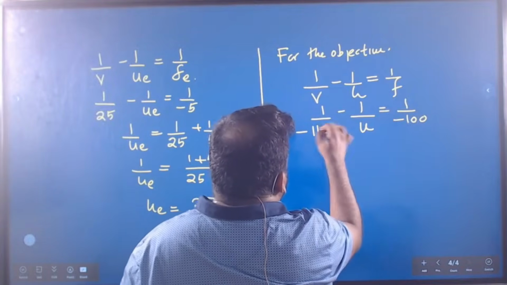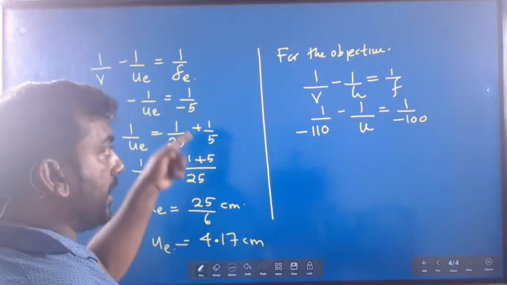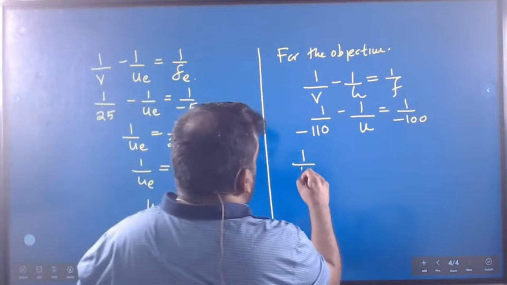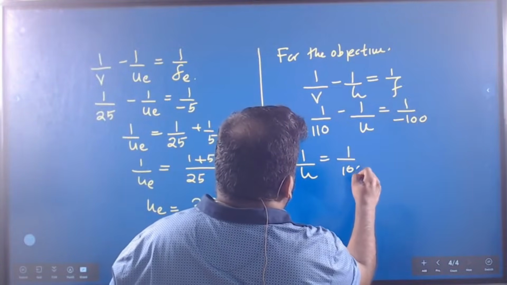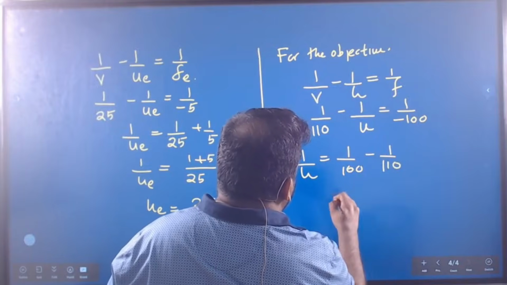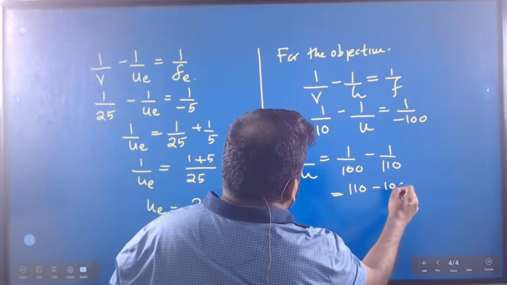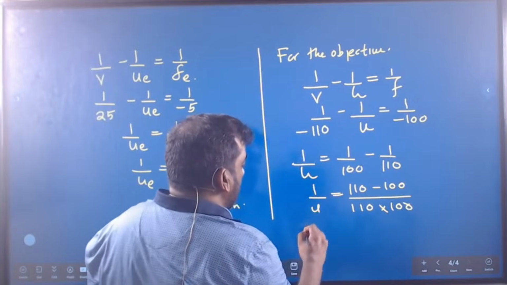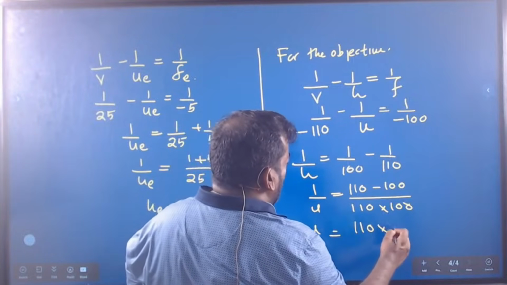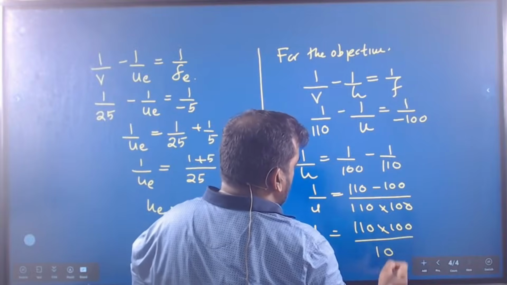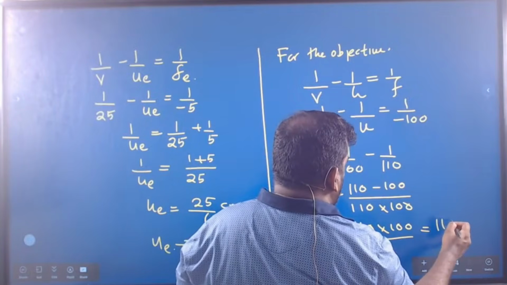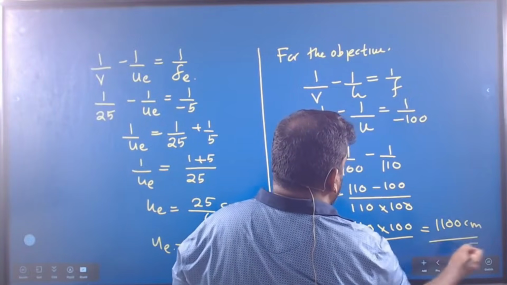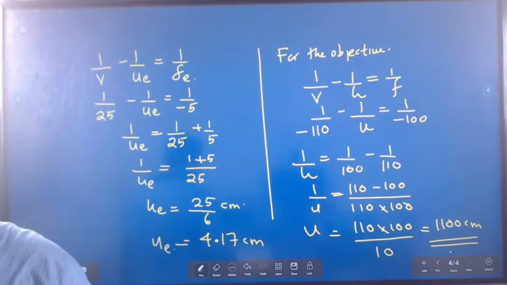Image is 110, by 100 plus 10, 110. 1/u is equal to 1/100 minus 1/110. 110 minus 100 divided by 110 times 100. Turn upside down, 110 into 100 divided by 10. 1100 centimeters. Object is kept at 1100 centimeters.